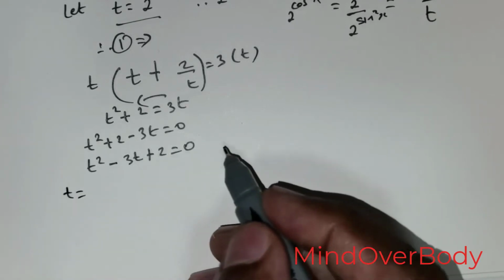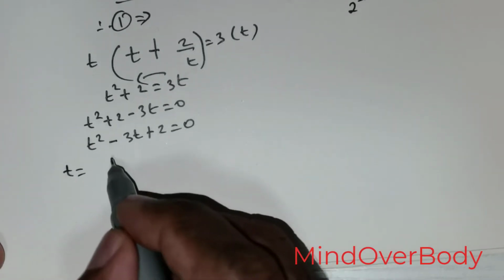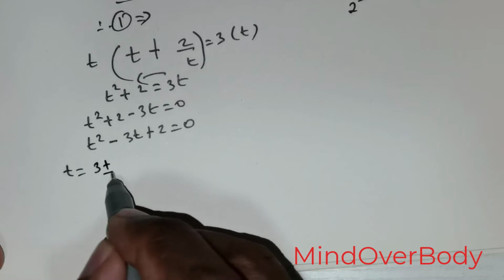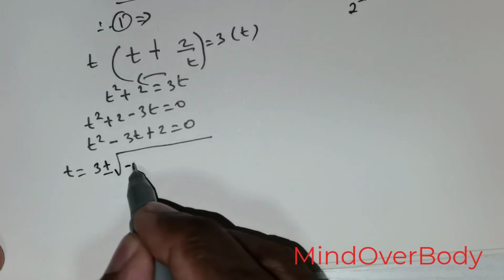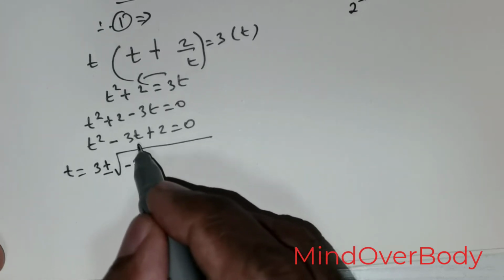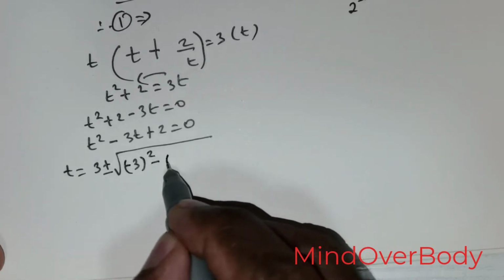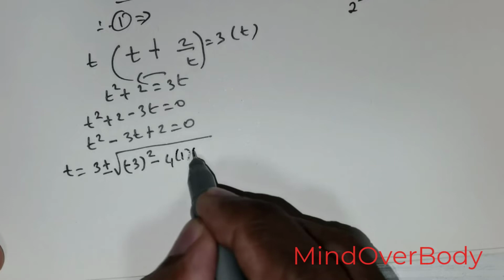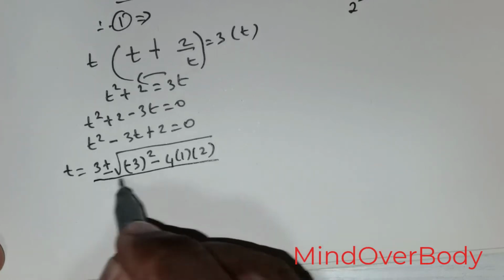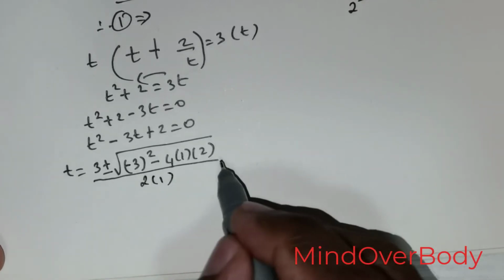This is a quadratic equation. I can solve it by using the formula. That would be 3 plus or minus square root of b squared, right? So it's going to be negative 3 raised to the power 2 minus 4 times a, which is 1, and my c is 2, divided by 2 times a.